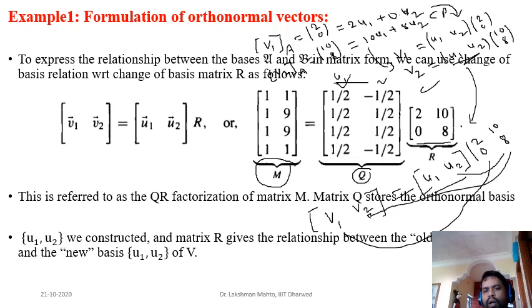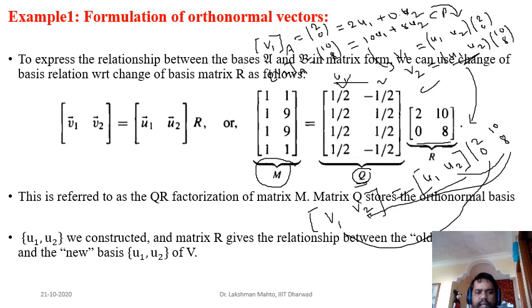One matrix is an orthogonal matrix, another is an upper triangular matrix. This matrix M might be complicated, but if you know this matrix Q and this matrix R, it looks very simple.